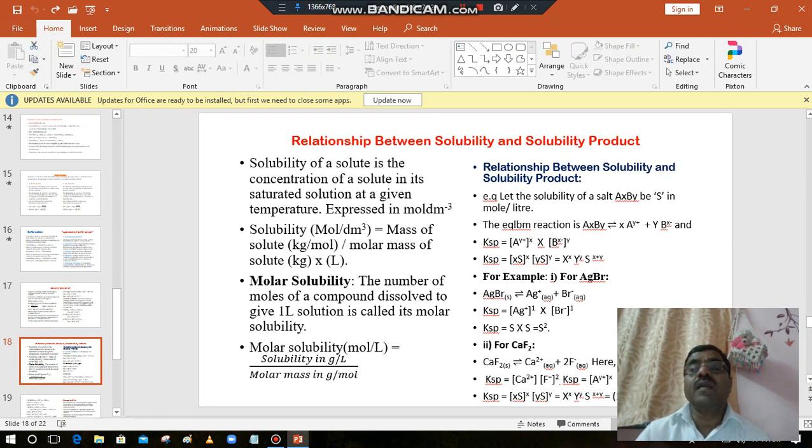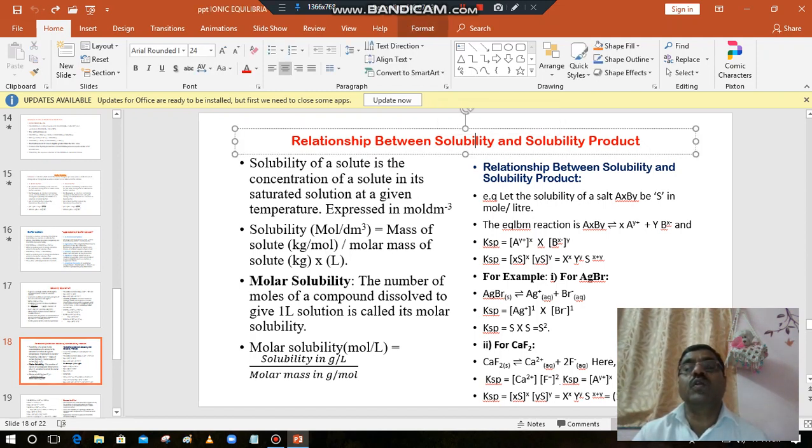Now what is the relationship between solubility and solubility product? As earlier I have explained the definition of solubility. Solubility means the concentration of a solute in its saturated solution, and solubility product, that is Ksp, we discussed earlier.